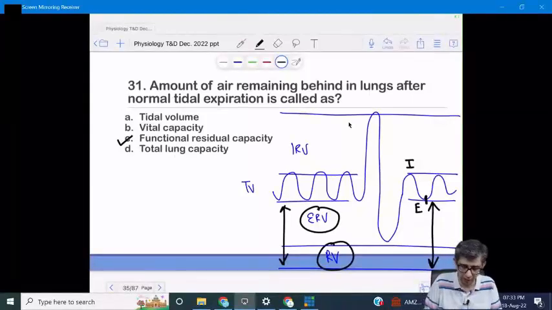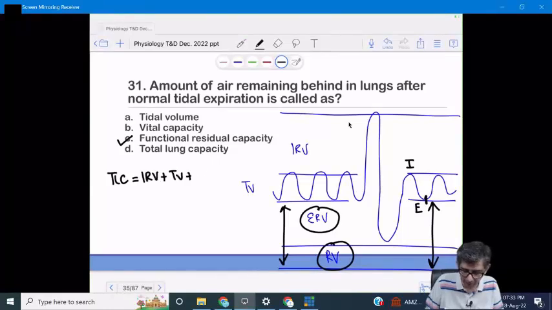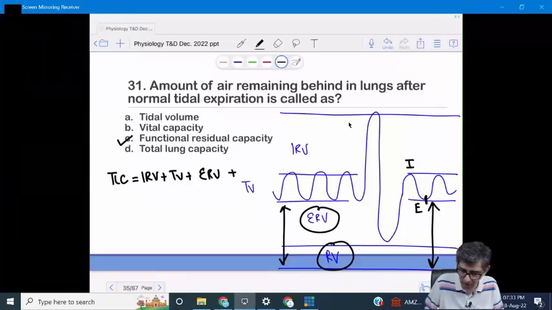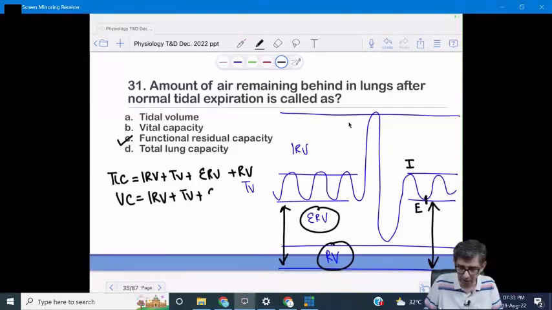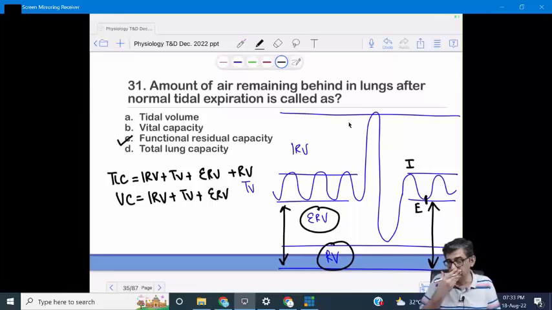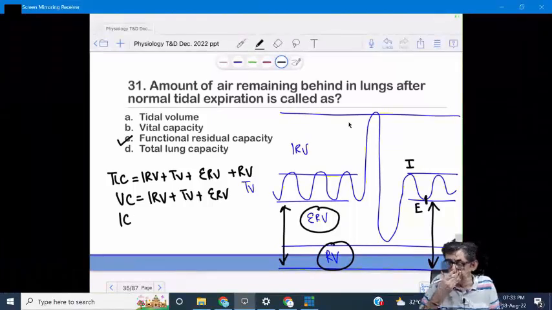There are four capacities: total lung capacity, in which we add everything. So let me just quickly jot down the values. That is TLC. Then we have vital capacity in which we add the top three: IRV, tidal volume and expiratory reserve volume. Then we have inspiratory capacity in which we add the top two.